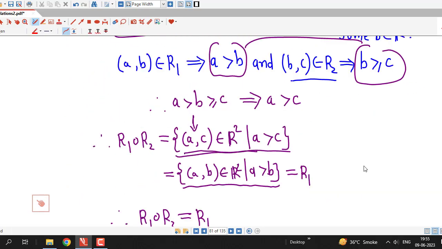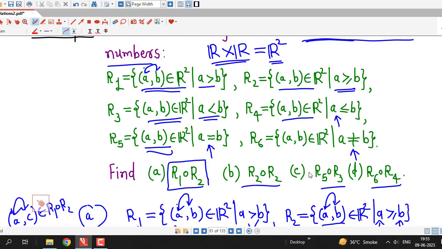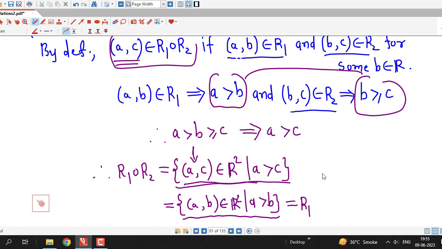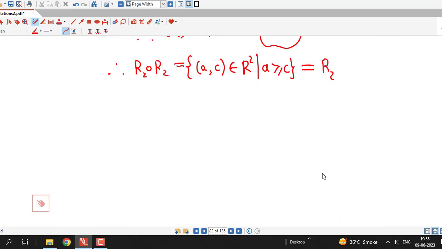So R2 composite R2 turns out to be R2 itself. So this is part B. The third part is R5 composite R3. So let's find out R5 composite R3. For that, let me write R5 again.